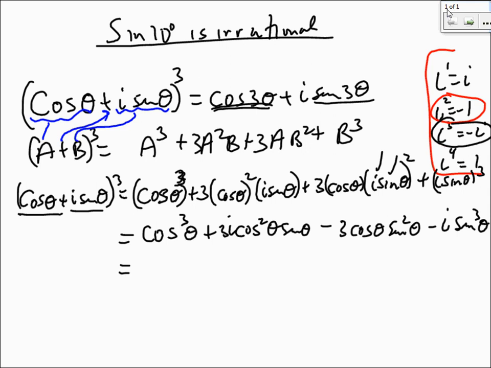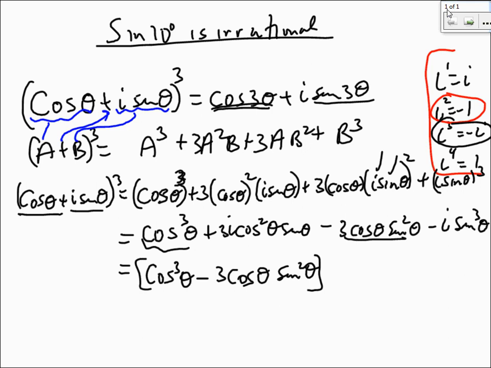Now let's just find all the reals and all the imaginary parts. If it has no i, it's the real part. Cosine cube theta minus 3 cosine theta sine square theta. Those are the real parts, plus the imaginary part is what has an i.